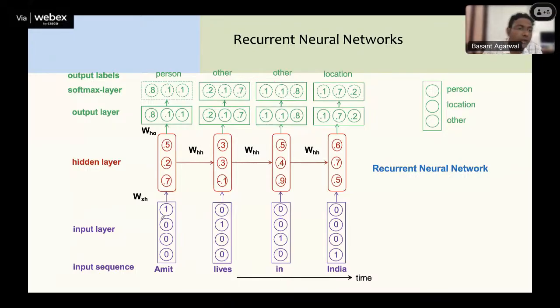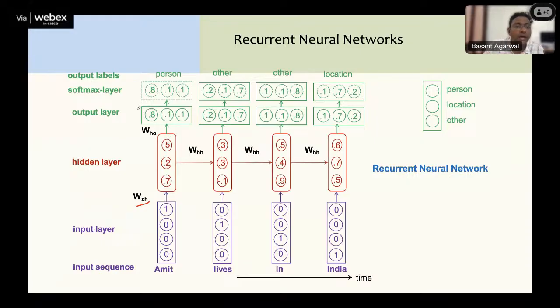Okay, so we can take any representation, but for example, let's say 4 dimensions is the input sequence, and then W_xh is basically the weight matrix of connections between the input and hidden layer. And in the hidden layer, we have three nodes. So this is basically 4 x 3, and all the connections are fully connected.